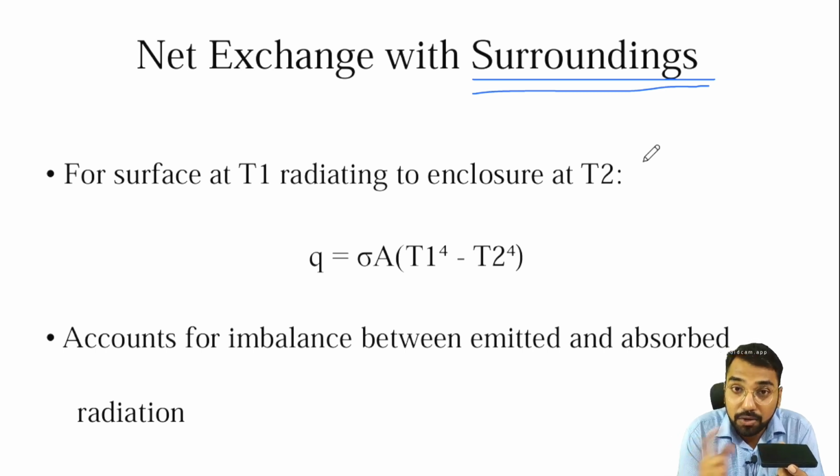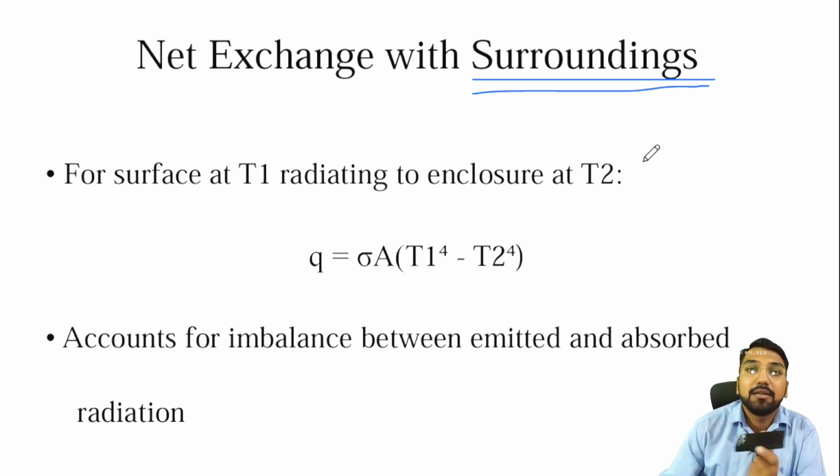Because of the difference in temperature, heat is going to be transferred. So the metal plate, in the radiation mode of heat transfer, must have some exchange of heat with the surrounding, and we are going to formulate and analyze that mathematically in this slide.